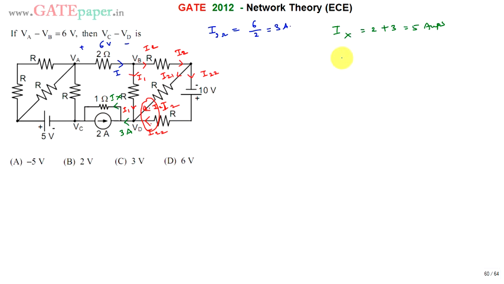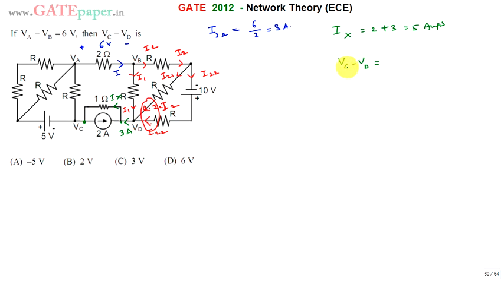Now Vc minus Vd we require. Here we assume Vc is the higher potential and Vd is the reference, lower potential.